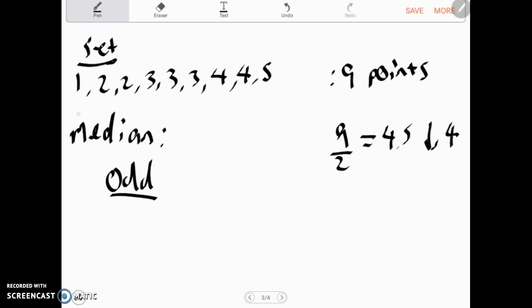So if we go 1, 2, 3, 4, and then one more, we get 5. 1, 2, 3, 4. So 4 on either side. The one in the middle is our median, so the median is 3. Okay, so I'll go through that again.